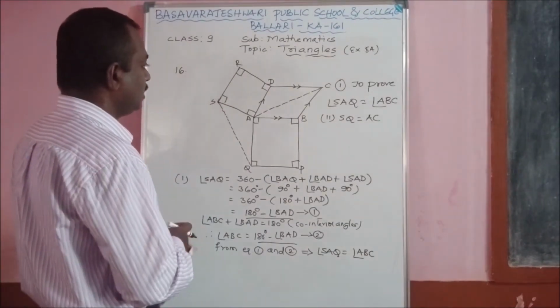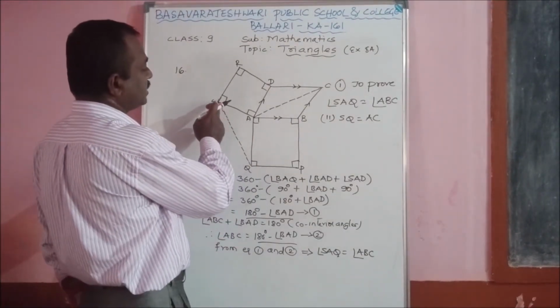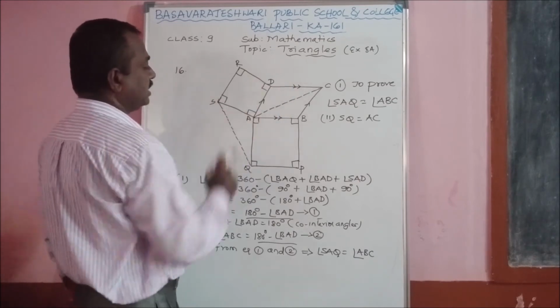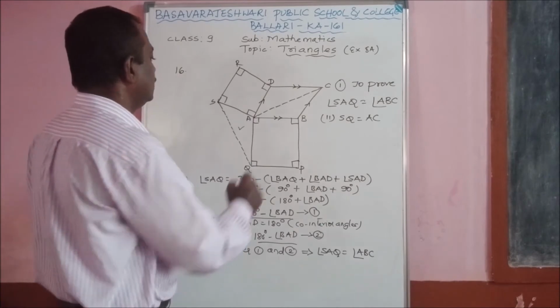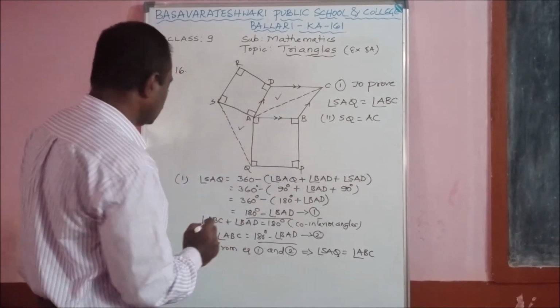Okay. In order to prove SQ is equal to AC, we have to consider two triangles. What are those two triangles?